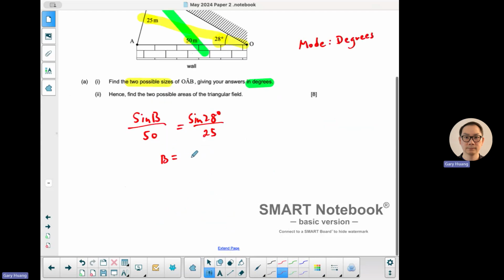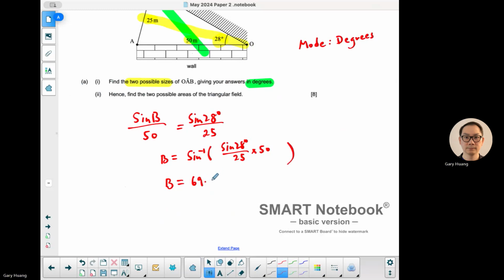Solving for angle B, punch it in the calculator. I am getting 69.8748 degrees. That's the first answer.